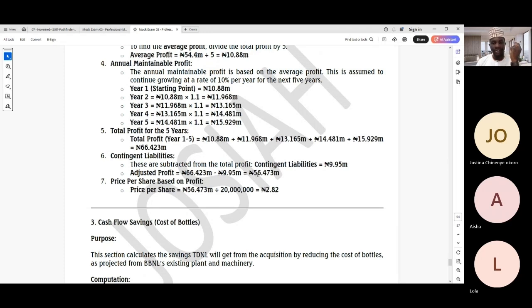So you take that amount to less it. So the total profit minus 9.95 million contingent liabilities, and you divide it to have the price per share based on the profit, which is 2 naira 82 kobo.